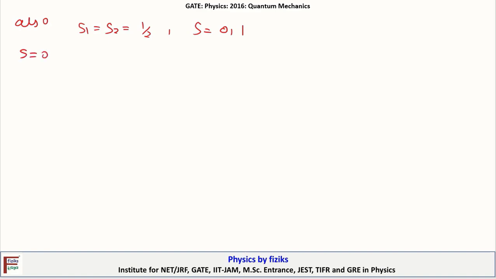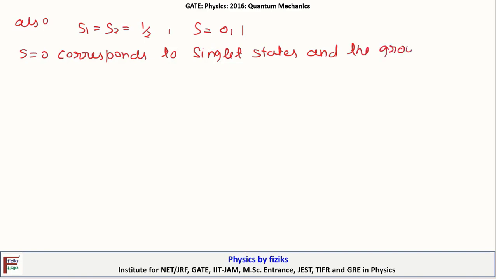S equals 0 corresponds to singlet state, and the ground state is given by singlet state, S equals 0 only.